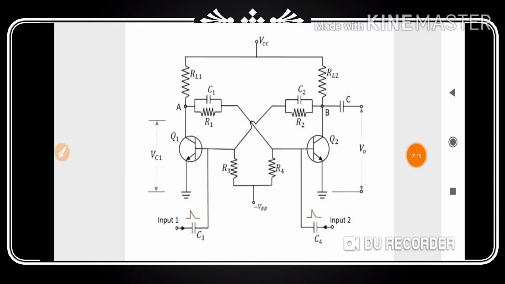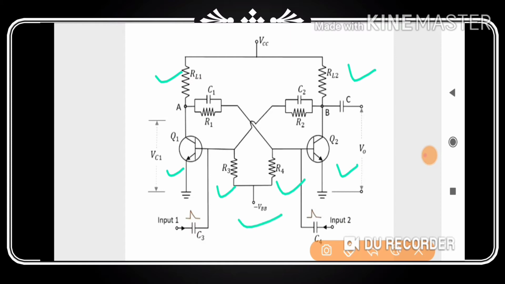What is the construction of the bistable multivibrator? Two similar transistors Q1 and Q2 are used here, having load resistors RL1 and RL2, which are connected in feedback to one another. The base resistors R3 and R4 are joined to a common source, that is minus VBB.